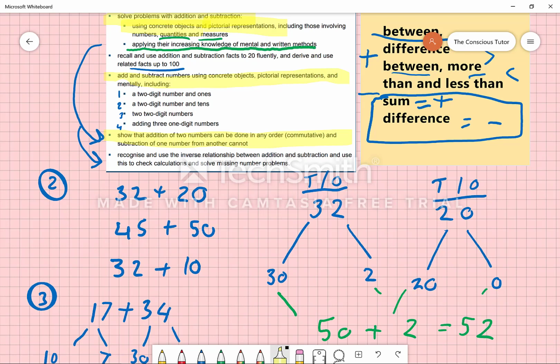And the final objective for year 2, addition and subtraction, is to recognise and use the inverse relationship between addition and subtraction, and use this to check calculation and solve missing number problems.